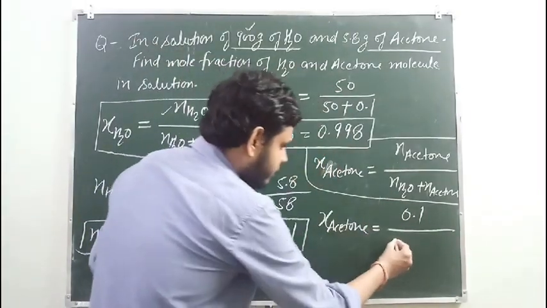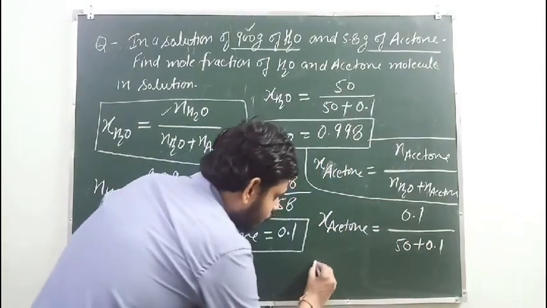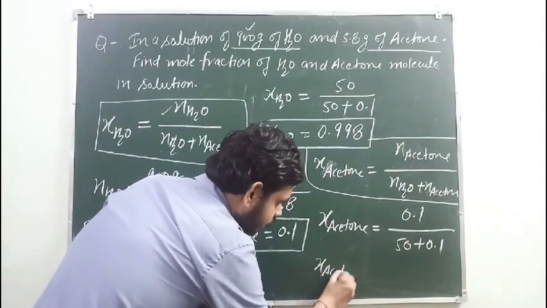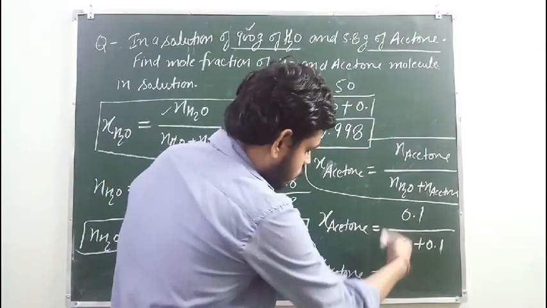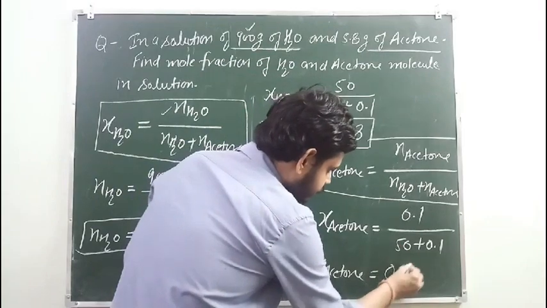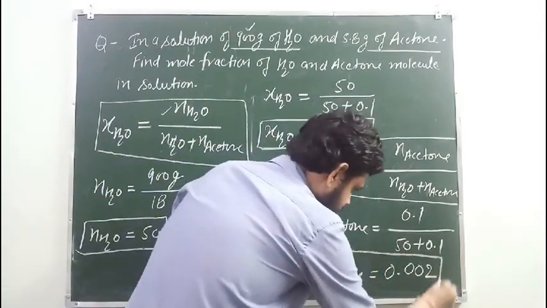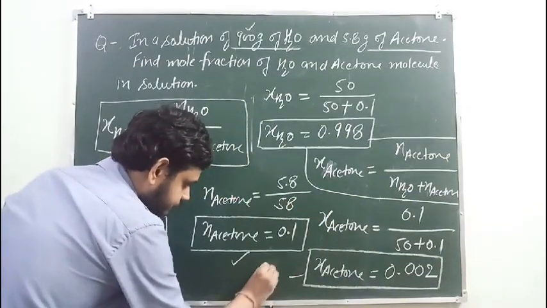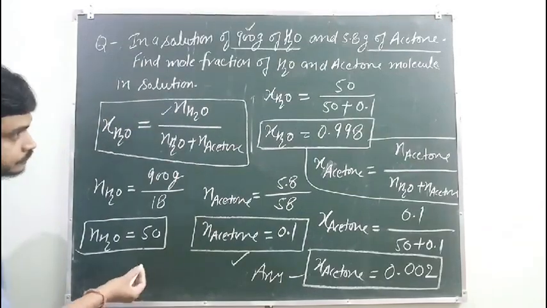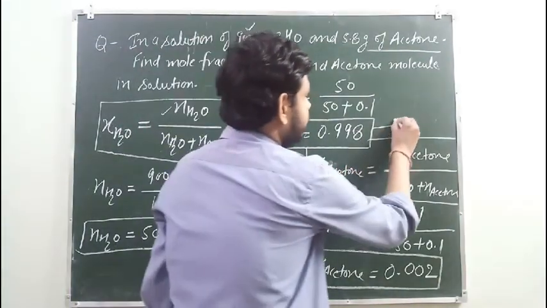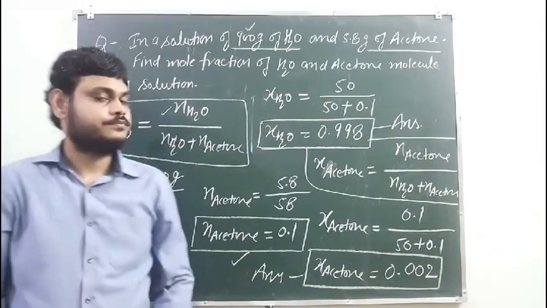It means 50 plus 0.1. The mole fraction of acetone will be 0.002. This is the answer. Clear?